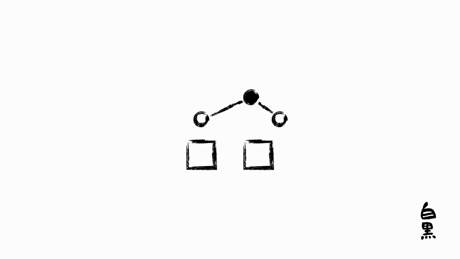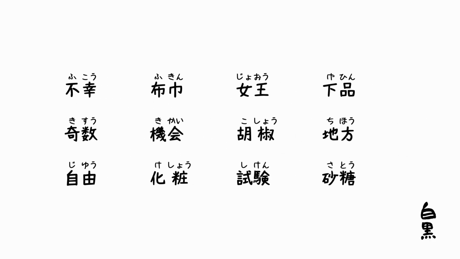For 1 plus 2, we have 不幸、不謹、女王、下品、奇数、機械、故障、地方、自由、化粧、試験、砂糖.